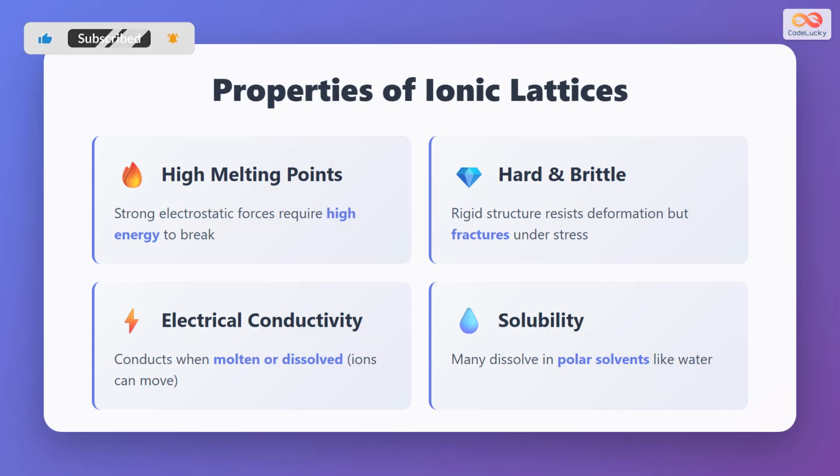Third, ionic compounds conduct electricity, but only when molten or dissolved in water. In the solid state, ions are locked in position, but when melted or dissolved, the ions become free to move and carry electrical current. Finally, many ionic compounds are soluble in polar solvents like water, where the polar molecules can surround and separate the ions from the lattice.